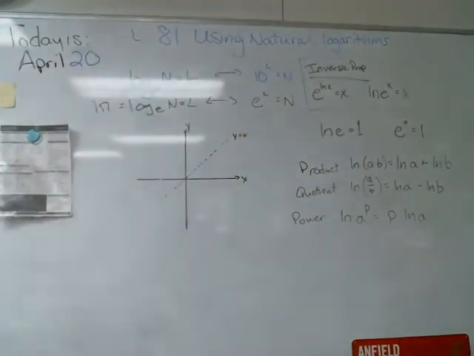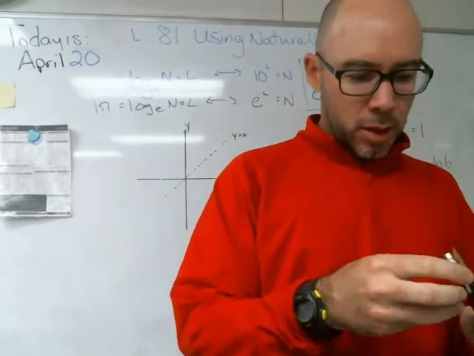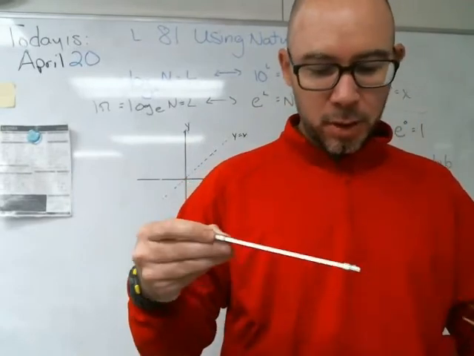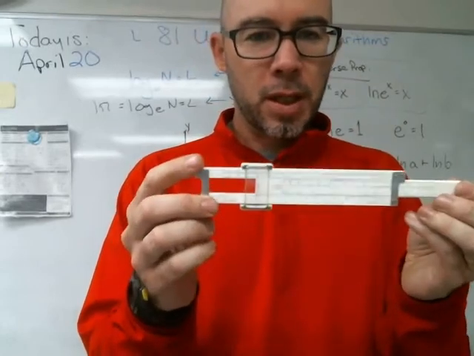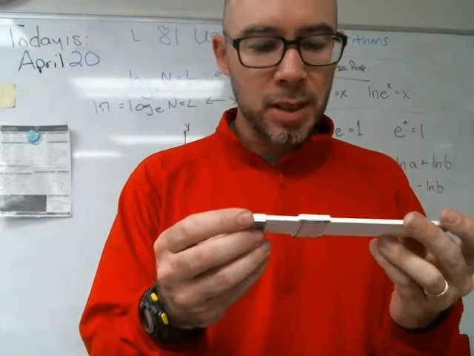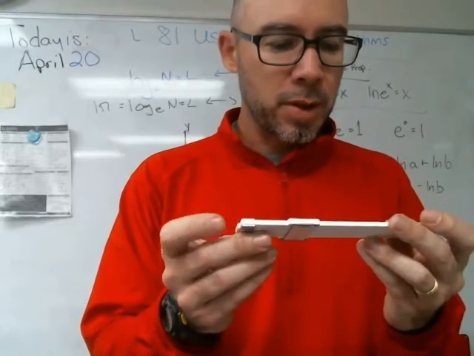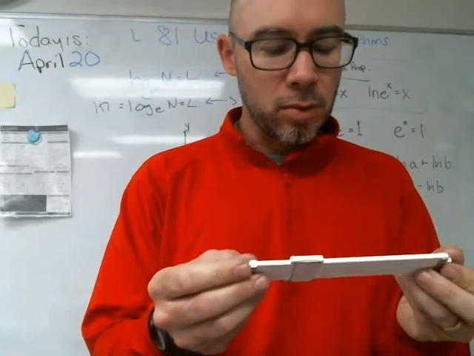And in fact, I got this gift from Jeff White, and I could do those problems on this. This is a slide rule. This is like a calculator. This was a calculator up to about 1970 or so, and then people started paying the big bucks for that Casio that could do some of the math.